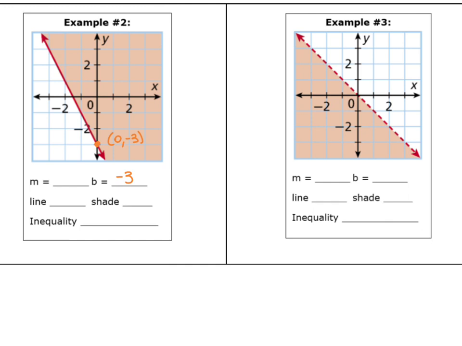You could write all that out to help you identify the information, but you don't necessarily need to. This is scaffolding you, helping you learn the process. Identify the b value, then find the slope. So find another point. I see one right there, so I'm going to use that one. There's also another one up here if I wanted to, but I'm going to count. So I went down 2 and then to the right 1. So that is a slope of -2/1 or just -2.